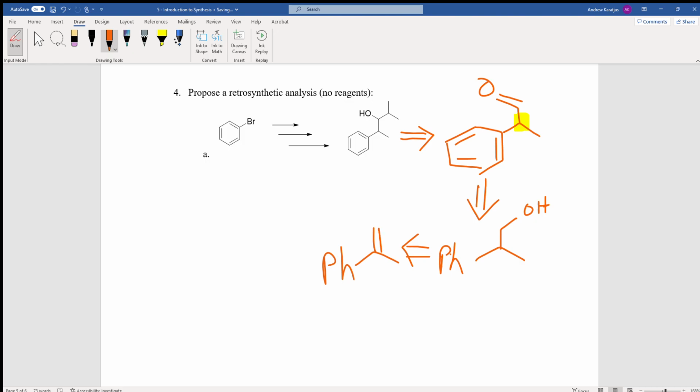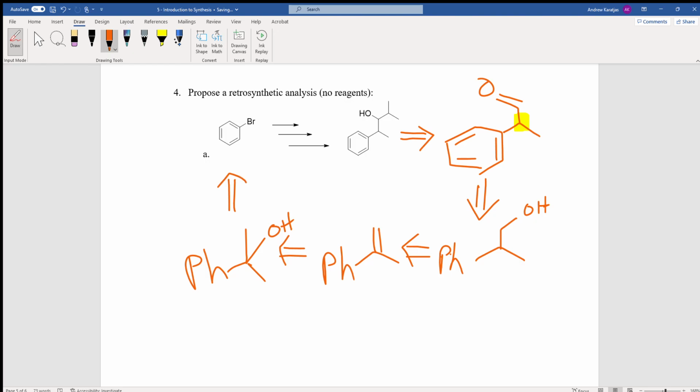Finally, to get that alcohol on the previous carbon, we could have made the alkene that I've just shown by the dehydration of that alcohol. And finally, we could make that alcohol by the Grignard addition to the original starting material.